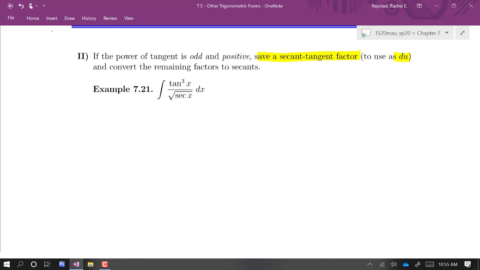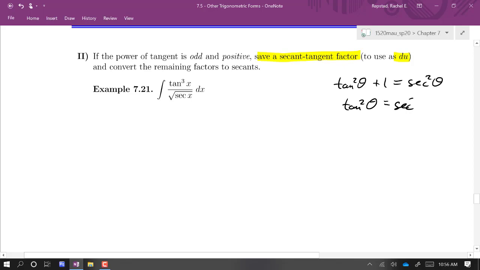And if u is going to be secant, then we're going to convert tangents to secants using Pythagoras. So remember we saw in the last example tan squared theta plus 1 is secant squared theta. So that means that tan squared theta is secant squared theta minus 1. So we're going to have that on hand.